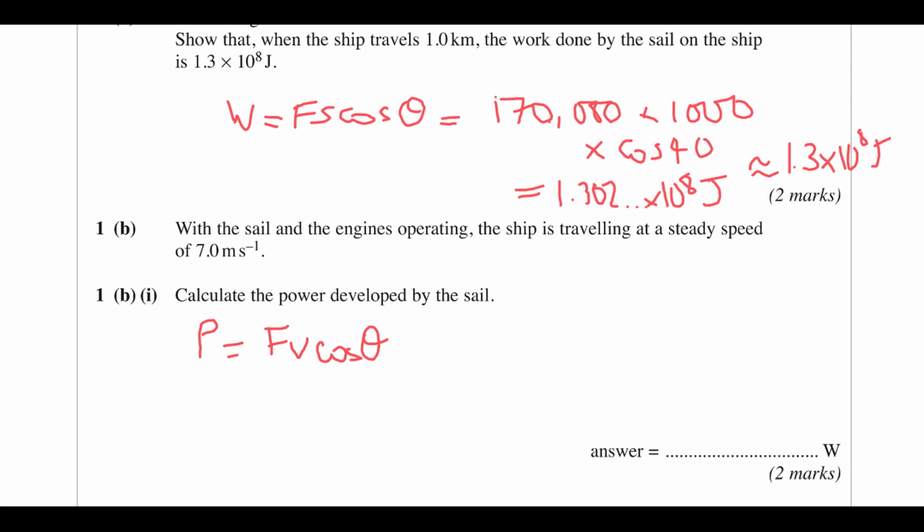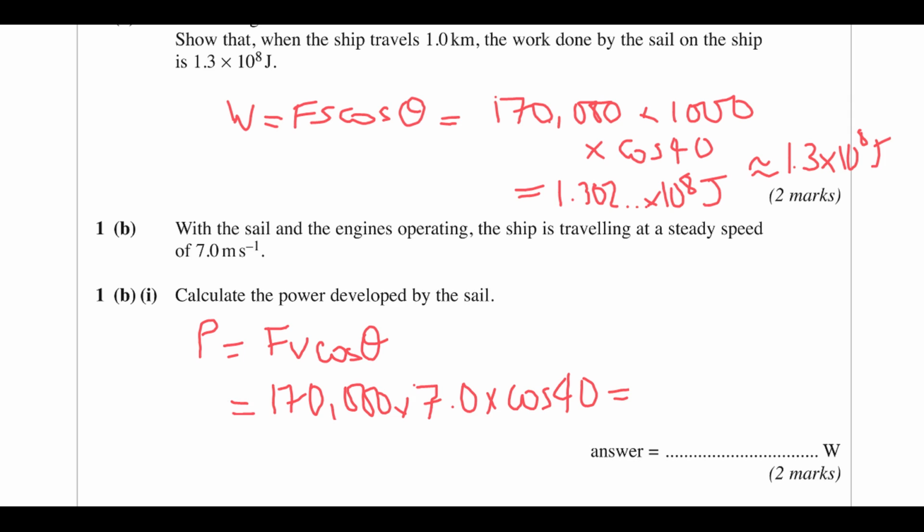cosine theta, because we need the force in the direction of the velocity. So the force was this one, the speed was this, and again the angle between the force and the motion is 40 degrees. So let's do that calculation.